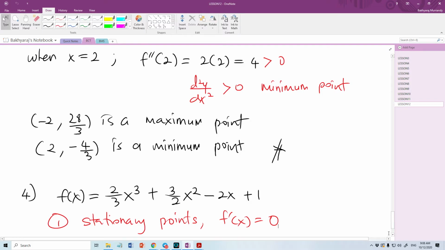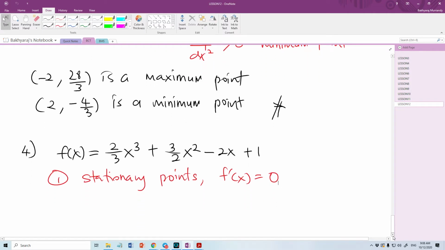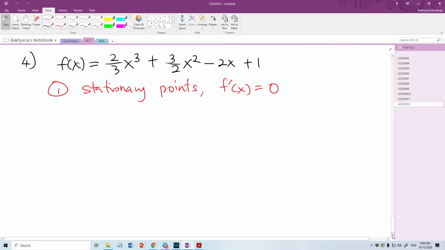Okay, so we get the stationary point. Okay, we try to get the stationary point. So first, differentiate here. F prime.